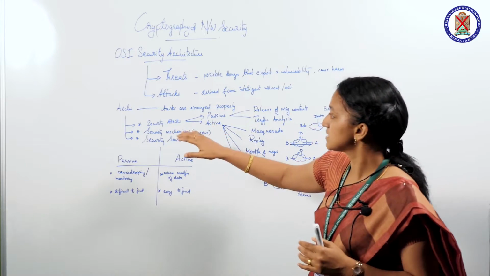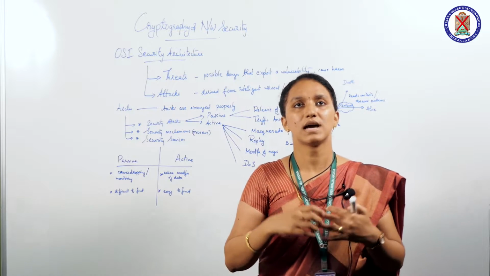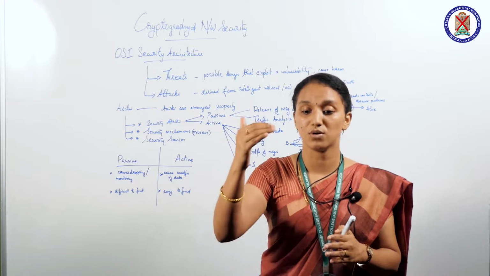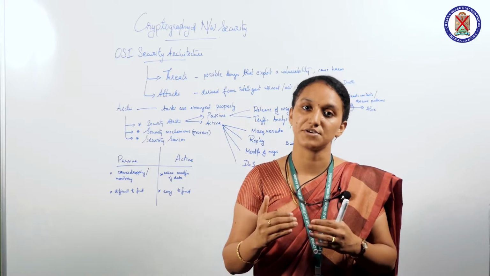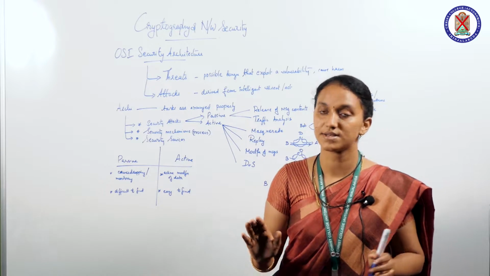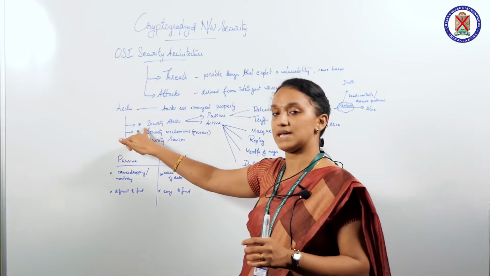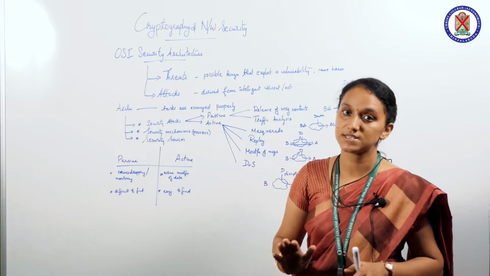Okay. The next important thing, architecture. Architecture helps in framing all the tasks related to security, what must be done under security. There are 3 important classifications in the architecture. The first one is security attacks, second is security mechanisms, third is security services.